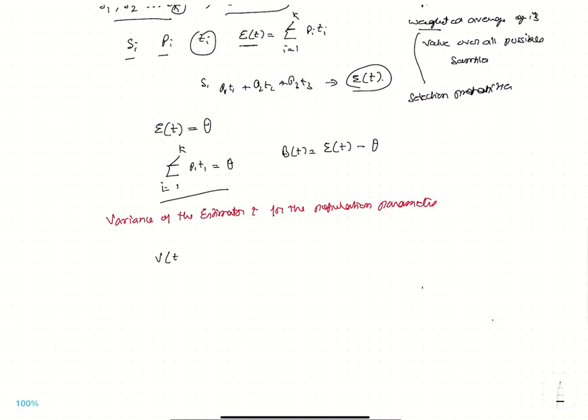Because we are taking a bunch of T's, it would be the expected value of T squared minus the square of the expected value of T.